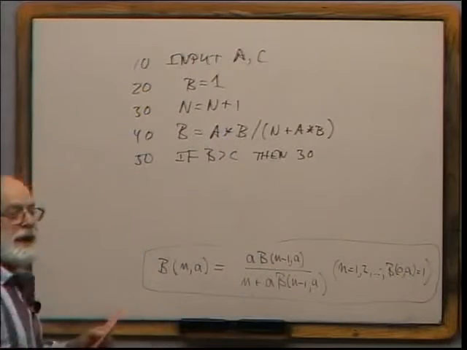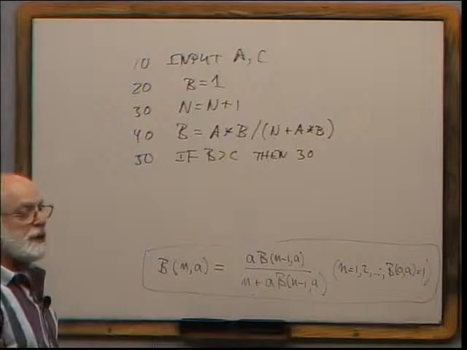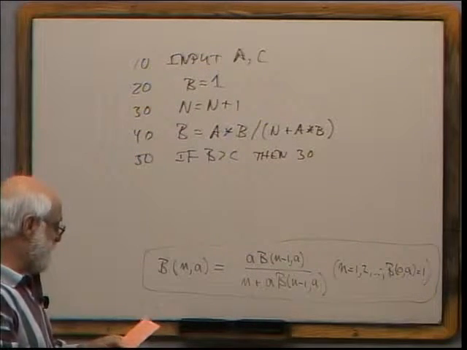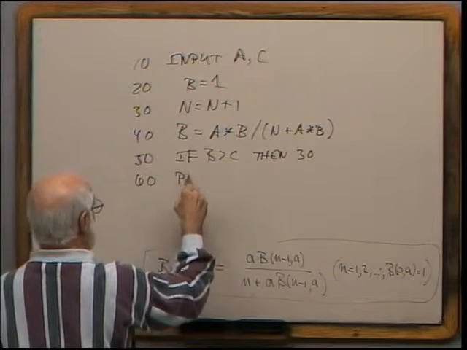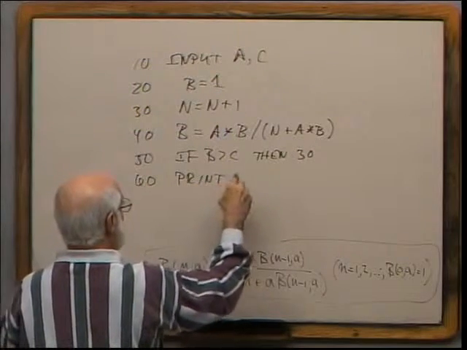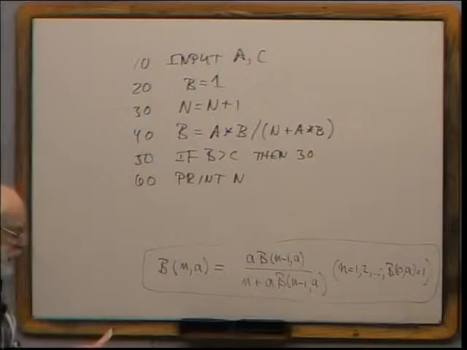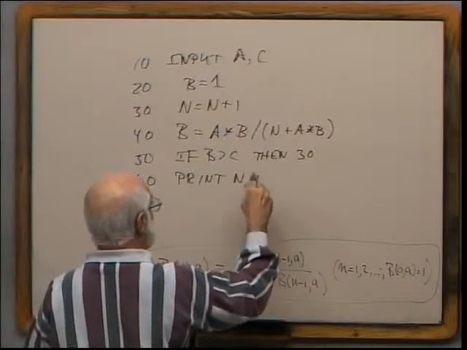I keep on looping through this until for the first time I drop through statement number 50, and then statement number 60, I print my answer. Print N, which is the number of trunks or servers you have to provide, and B is a check, which tells you what the probability of blocking will be for that value.